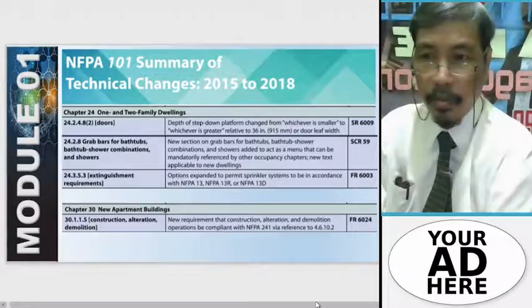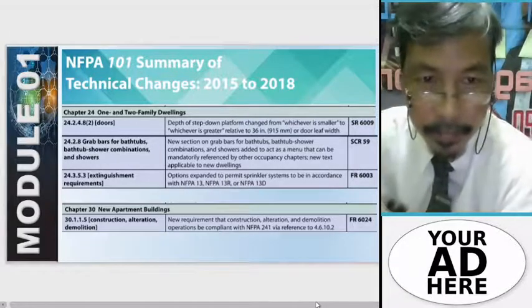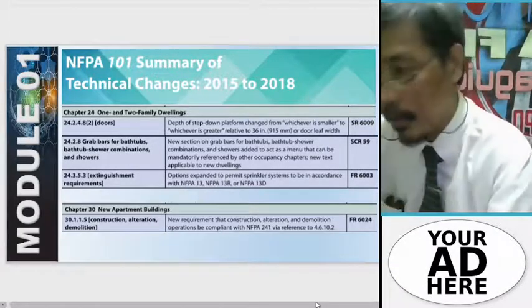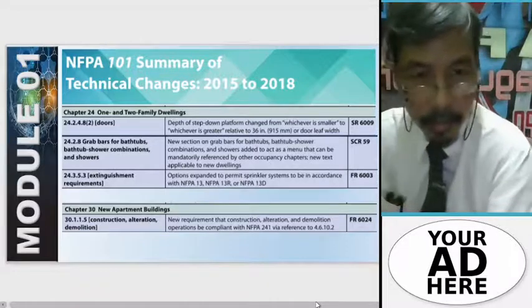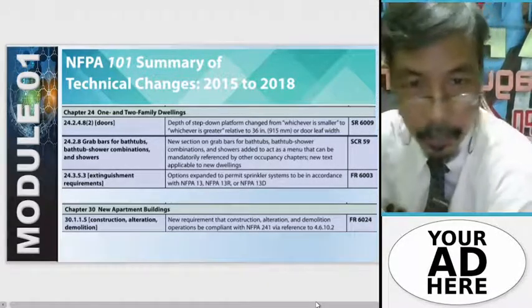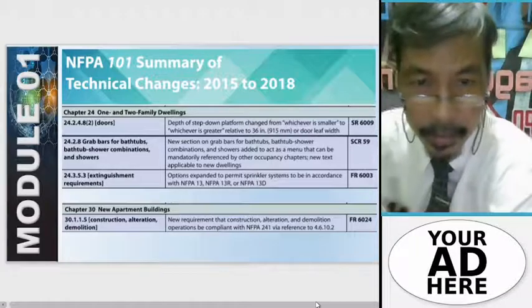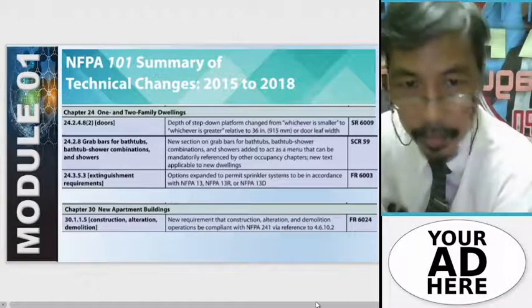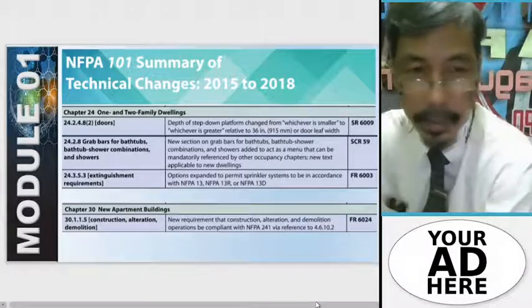So this new requirement is connected to NFPA 241 for new apartment buildings, about construction, alteration, and demolition.